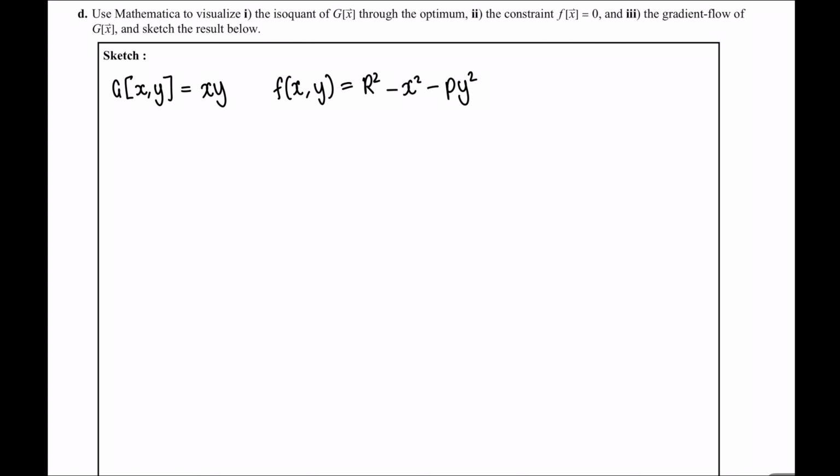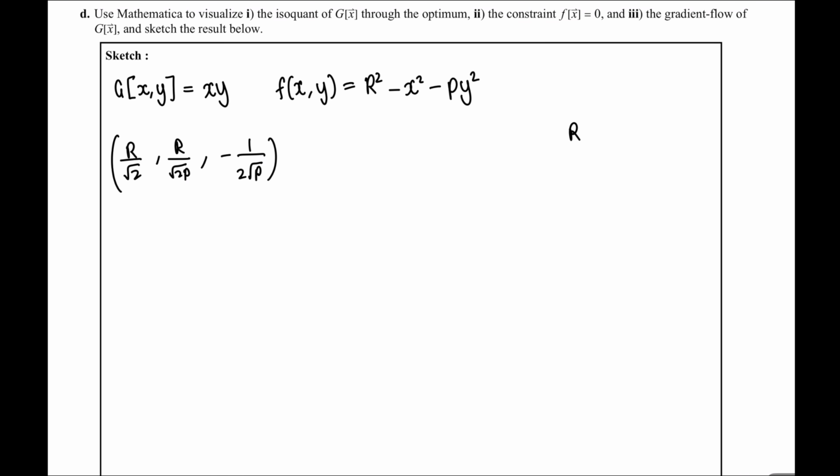So through the optimum, I'm just going to use one of the optima, and I'm going to use r over root 2, comma, r over root 2p, with the lambda value of minus 1 over 2 root p. So again, for simplicity, I'm also going to be taking r equal to 1 and p equal to 1.